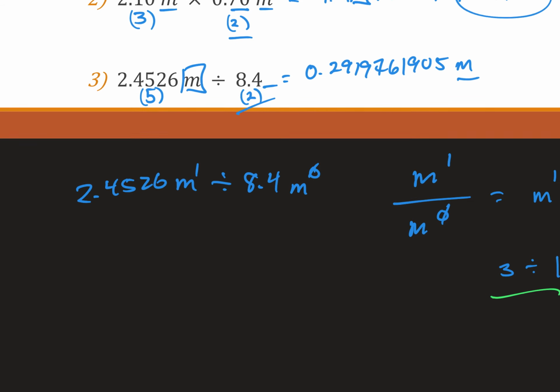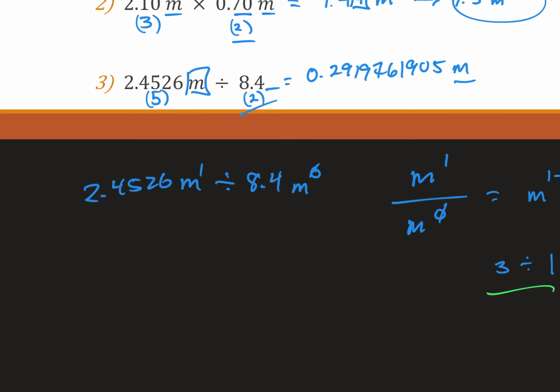All right, so we get that. Now, the next thing you might think about is, how do you take 2.4 meters and divide it 8.4 times if division is repeated subtraction? What you can do is move the decimal point to the right once for each.